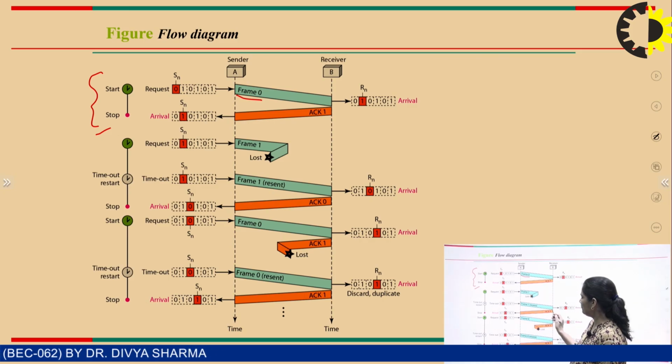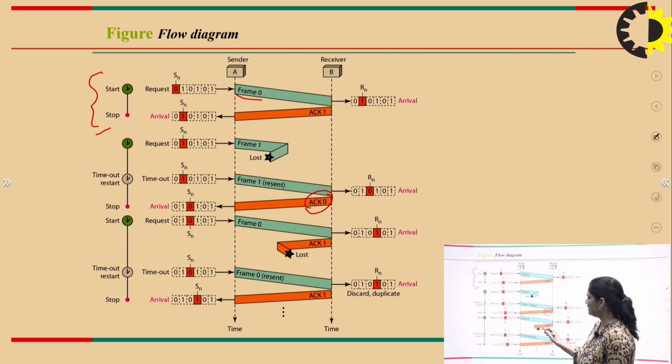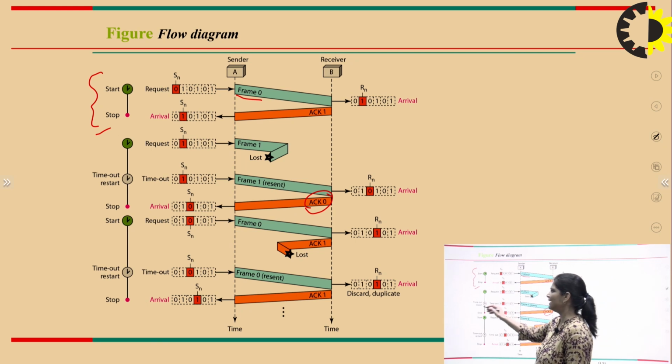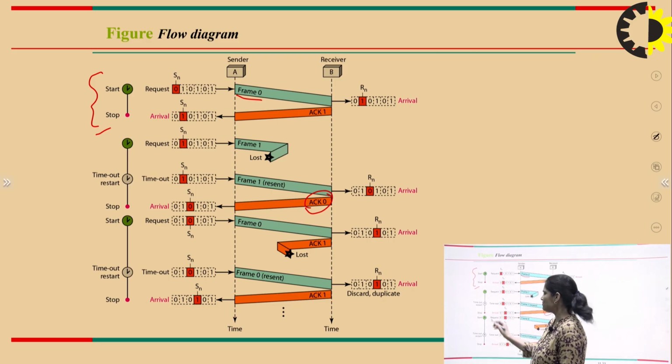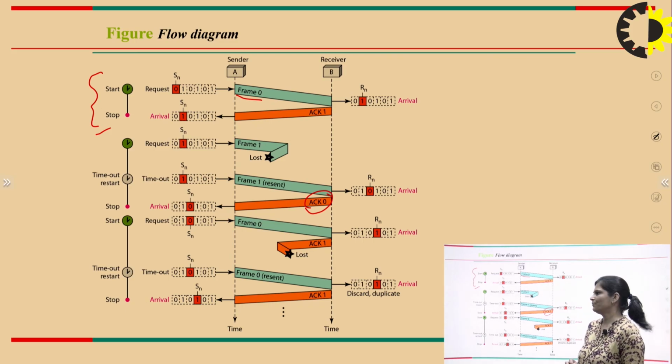Then again if we are getting acknowledgement of 0, it means frame 0 is received. So we have to send frame 0, and if acknowledgement 1 is lost, it means we have to resend frame 0, and we will get acknowledgement 1, then it will be received. So the timer will start when you are sending frame 1, and the timer will stop. We should get the acknowledgement for this frame, but if we are not getting it before the timer stops, we have to send this frame 0 again.